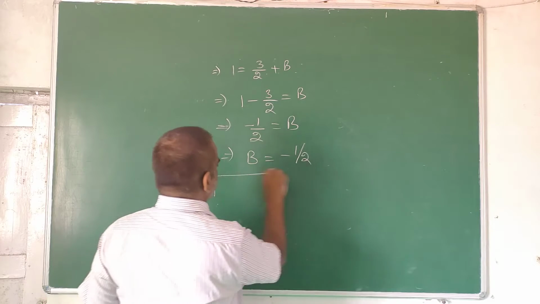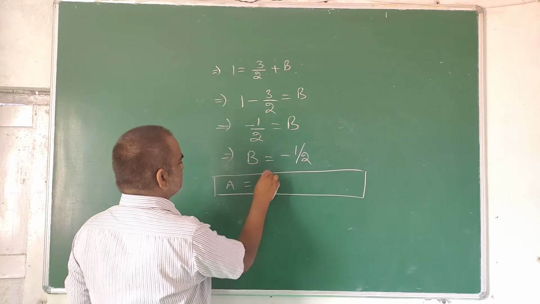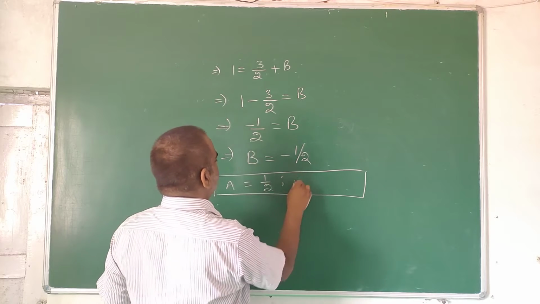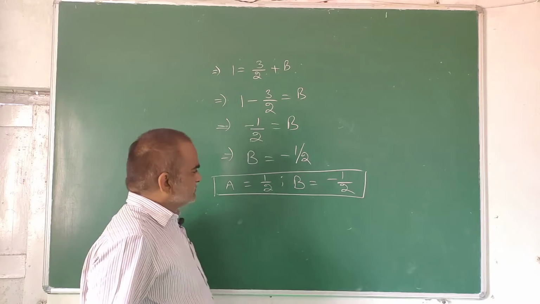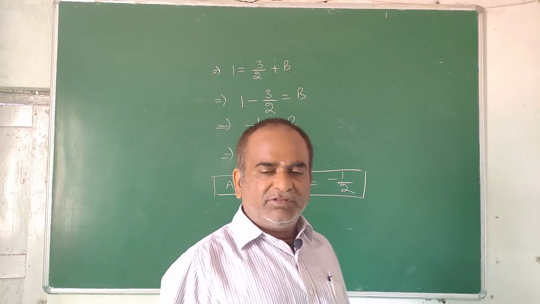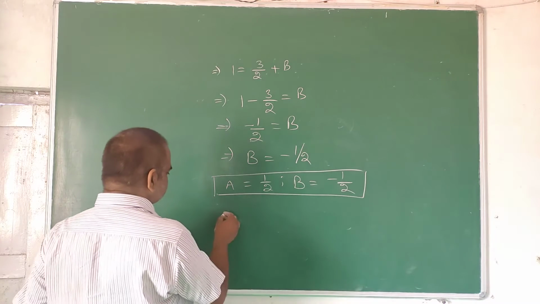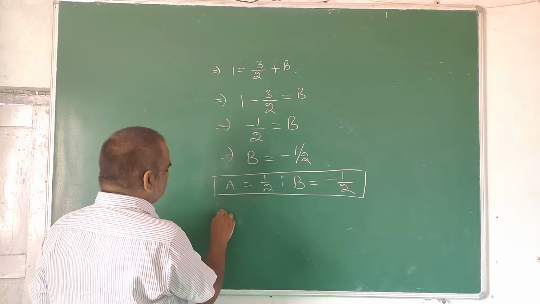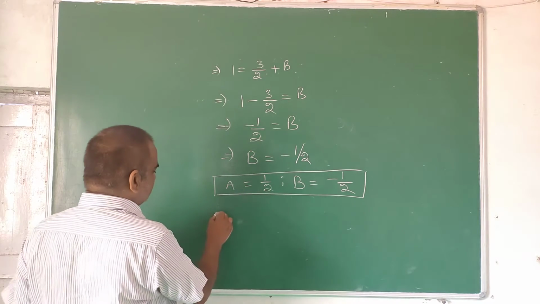Therefore, you got the a value 1 by 2 and the b value minus 1 by 2. So you got both the a and b values. Now you substitute the a and b values in the main equation.